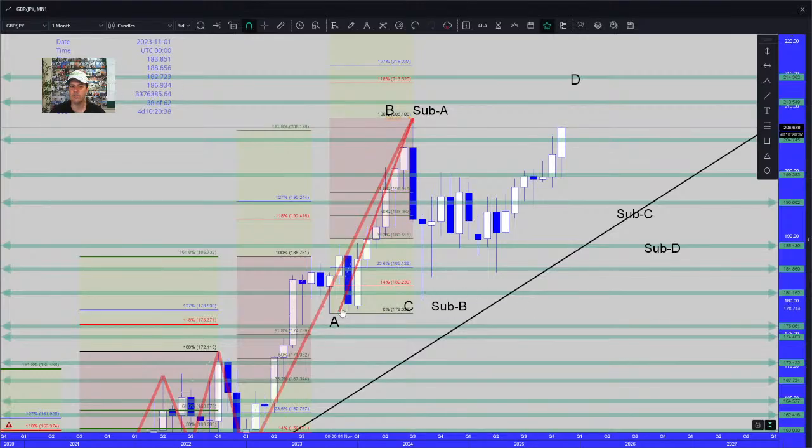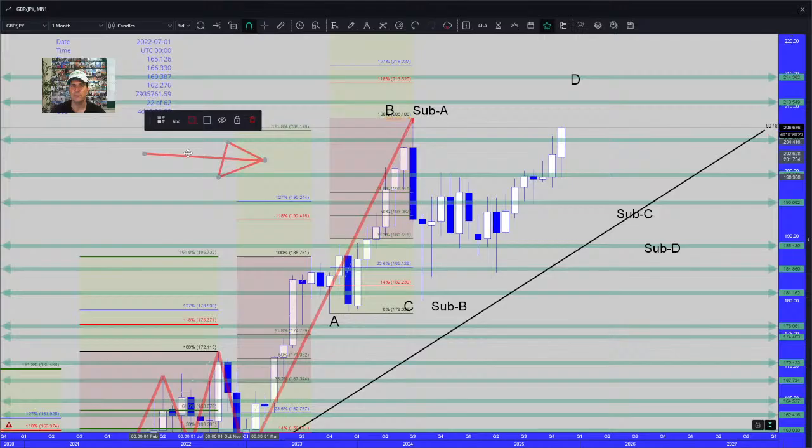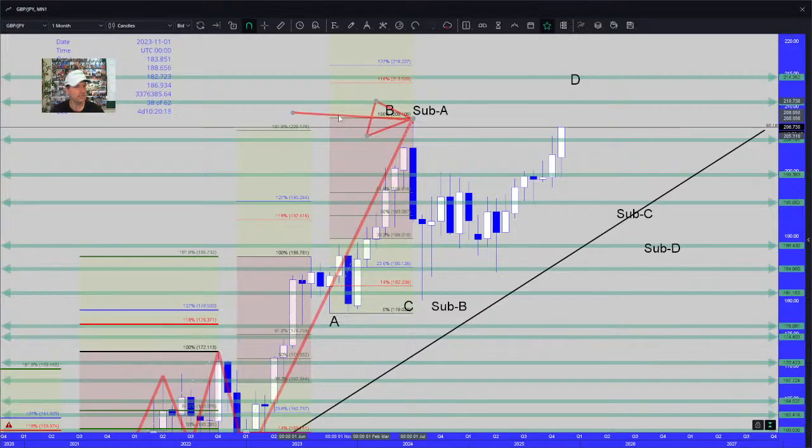Okay, everybody, let's go step by step. We are on GBP JPY. Let's talk first about the original Fibonacci. This is our A, that's our B, and that's our C. The C is the capital C of the original Fibonacci.